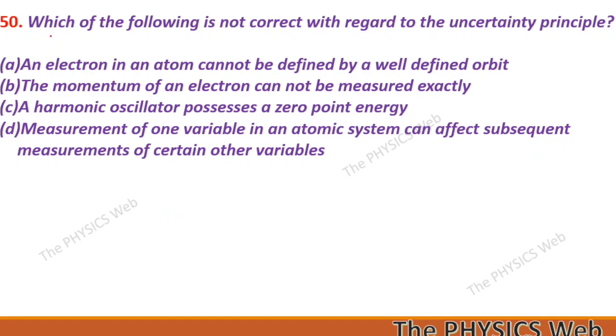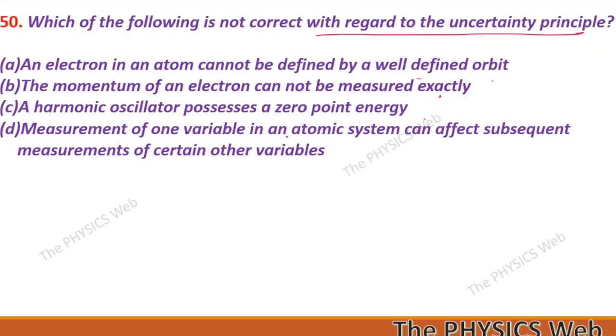Last question, 50. Which of the following is not correct with regard to the uncertainty principle? So you can check all the options. An electron in an atom cannot be defined by a well-defined orbit. The momentum of an electron cannot be measured exactly. A harmonic oscillator possesses zero-point energy.